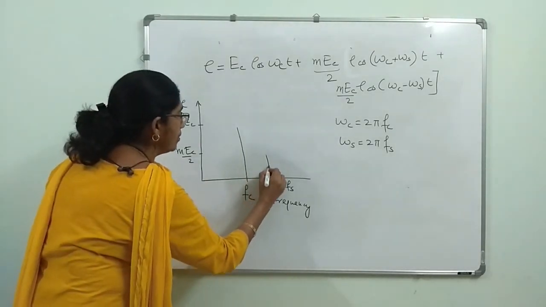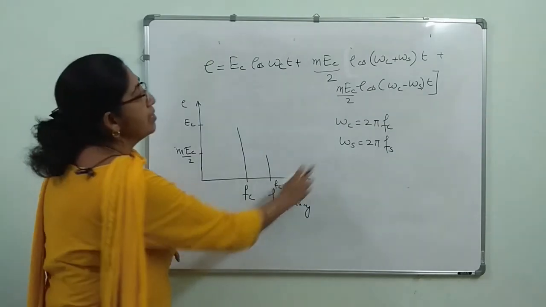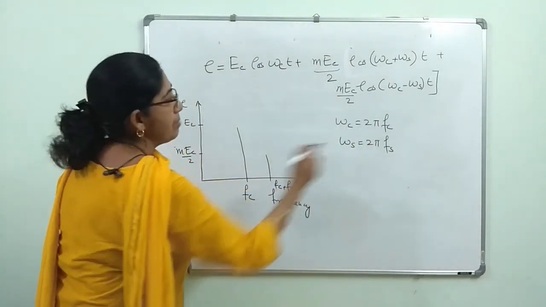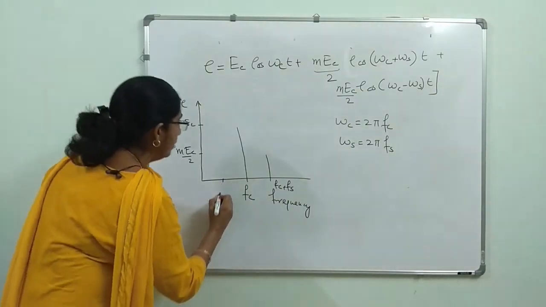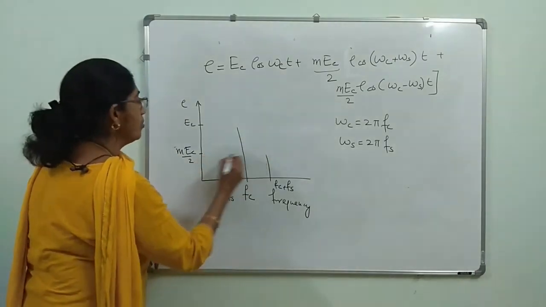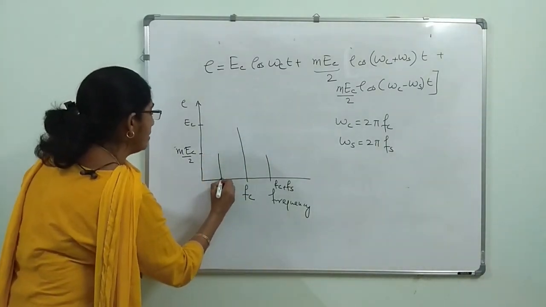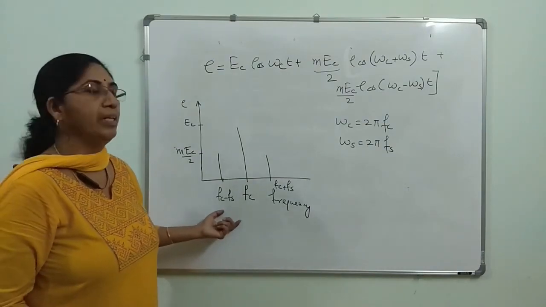So this is the amplitude corresponding to fc plus fs. Similarly, omega C minus omega S has frequency fc minus fs. That will be here, fc minus fs. It has also got the same amplitude MEC by 2.